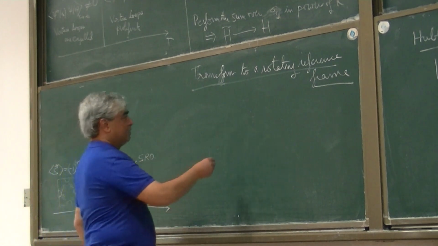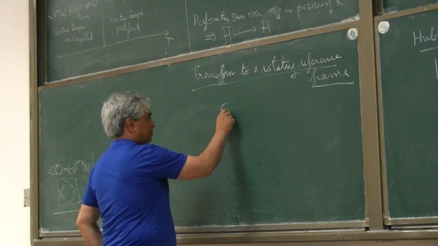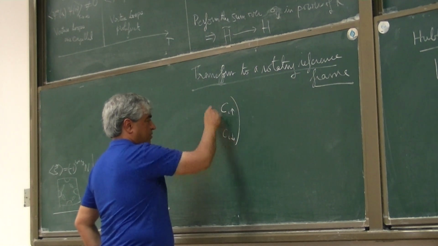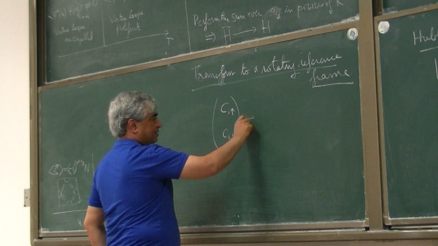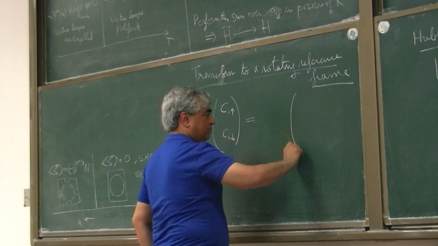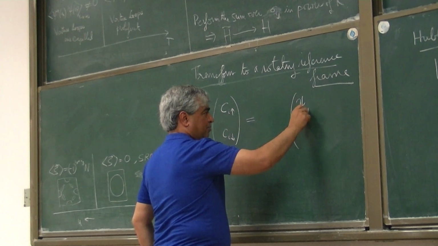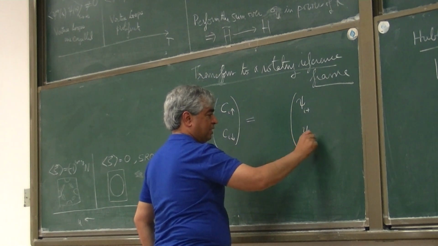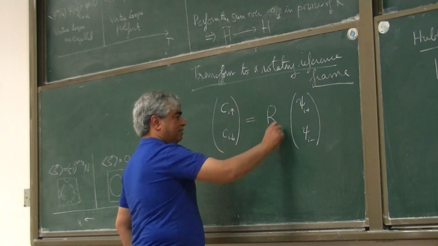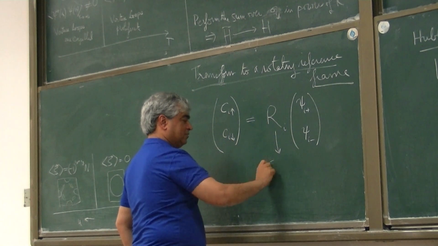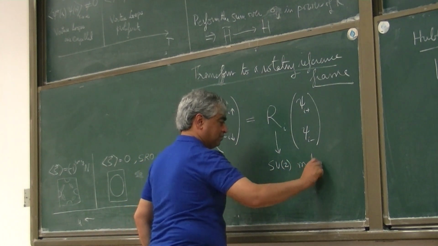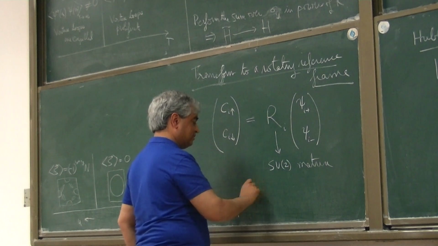So I have this electron operator on some site, C_i up, C_i down. And I'm going to write it in terms of some other fermion, which I'll call psi_i plus and psi_i minus, times some matrix R. So this is an SU(2) matrix, some SU(2) rotation, so a 2 by 2 matrix.